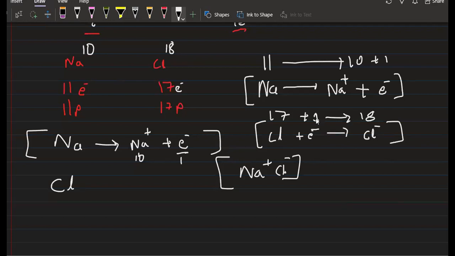Positive and negative attract. Unlike charges attract each other, whereas like charges repel.